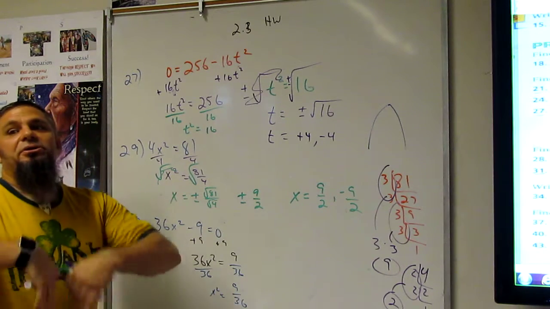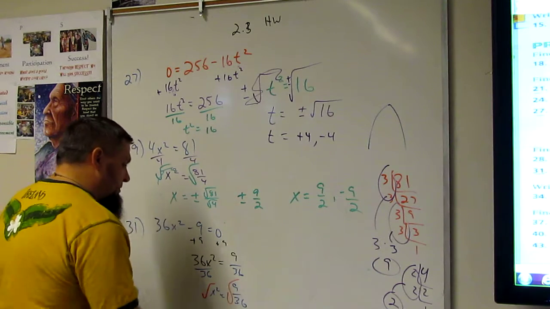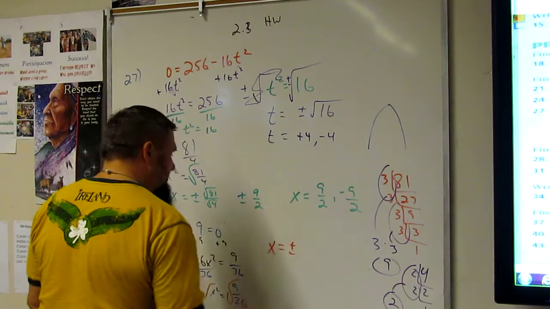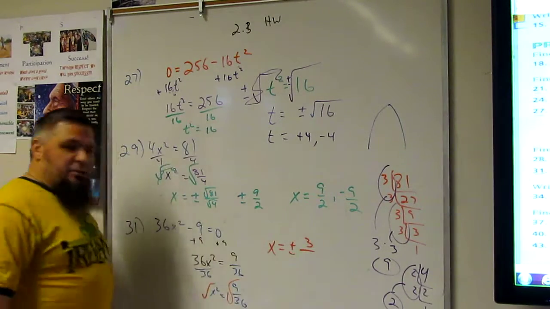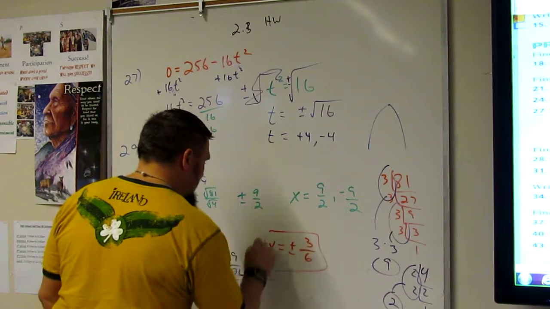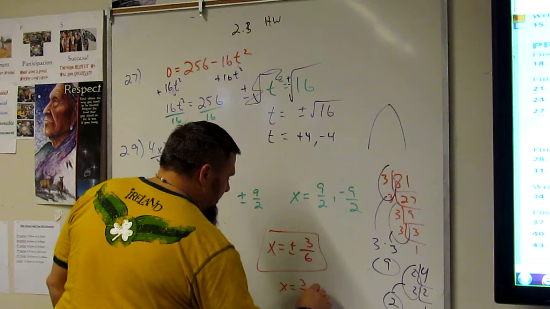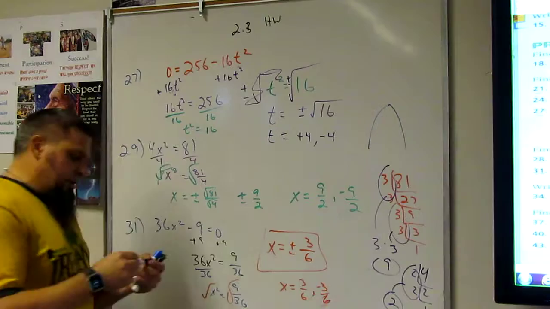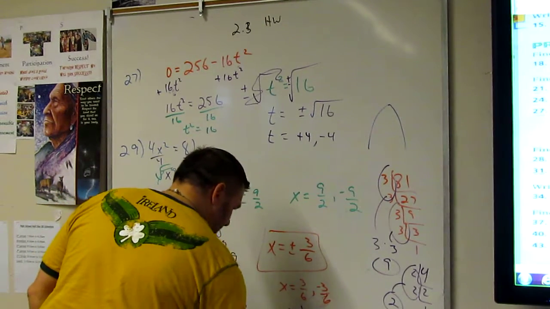And then I'm going to find the square root, which is x is equal to plus or minus the square root of 9 over the square root of 36. Okay? Or x is equal to 3 over 6 and negative 3 over 6, which is what? What is 3 over 6? x is equal to 1/2 or negative 1/2.